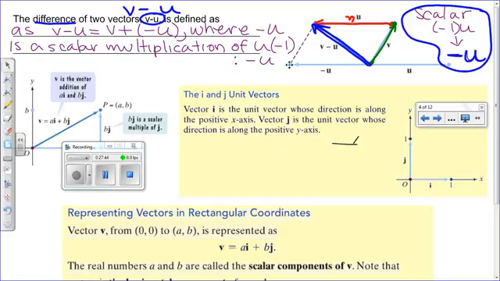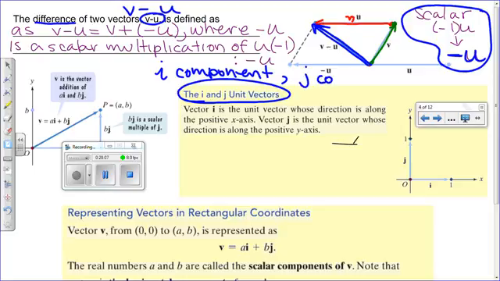Now, what we're going to do is not consider any initial point to be anywhere, but only at the origin, okay? And so we're going to refer to those vectors as the i and j vectors. Sometimes I refer to them as the i component and the j component.